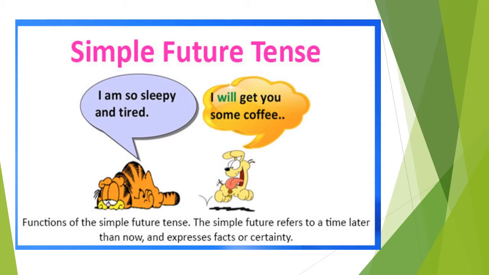Will is highlighted with the green color and will is the helping verb here. So children, shall can also be taken here and will can also. I will get you some coffee. So, functions of the simple future tense: the simple future refers to a time later than now and expresses facts or certainty. So let us move to the second one.